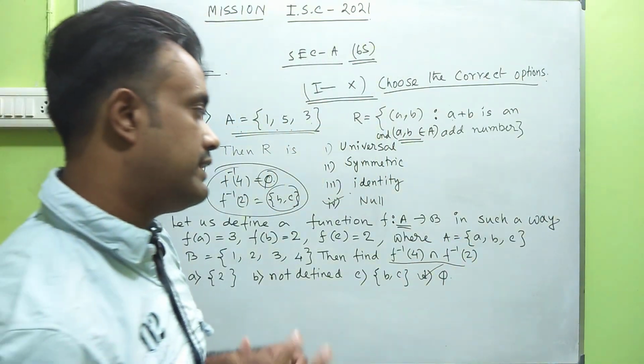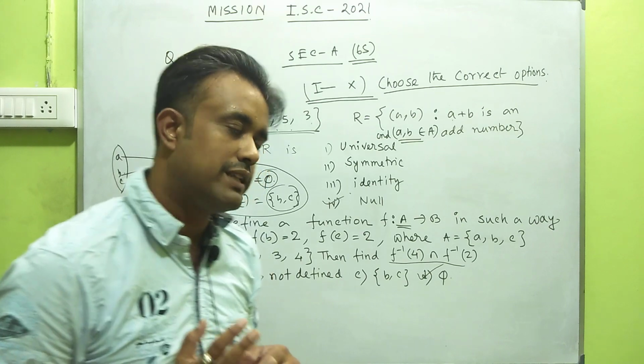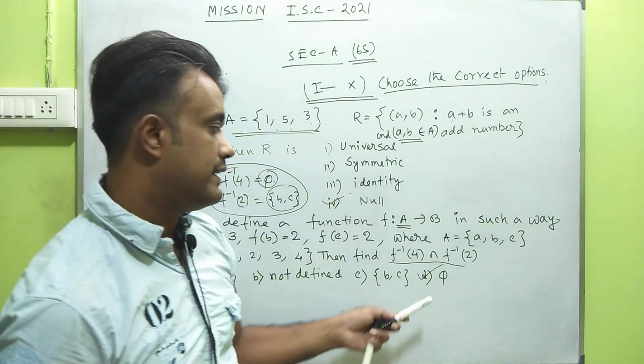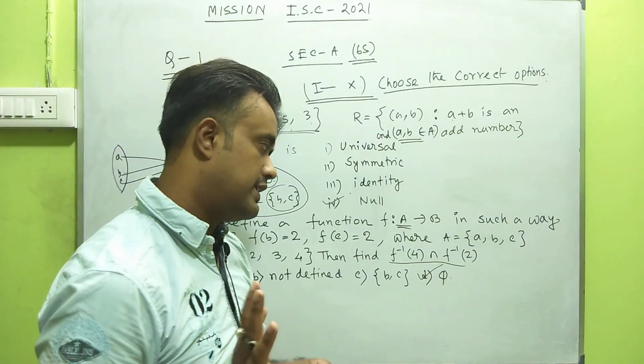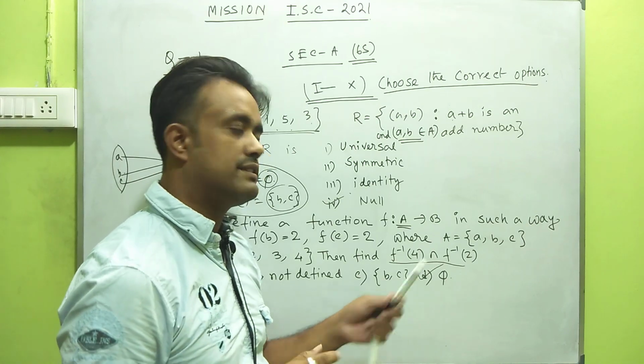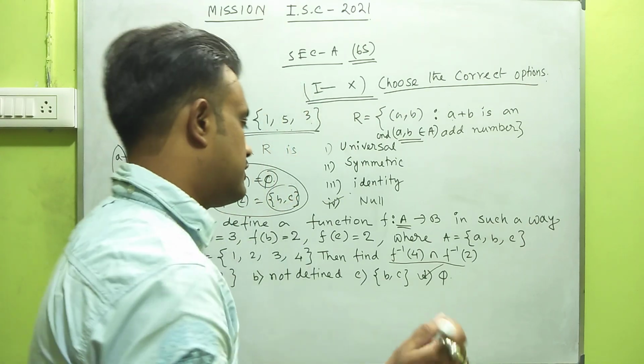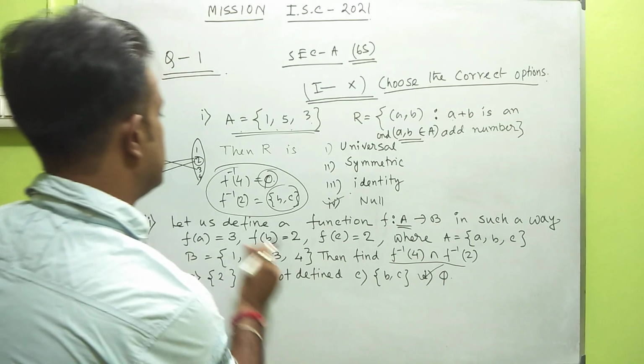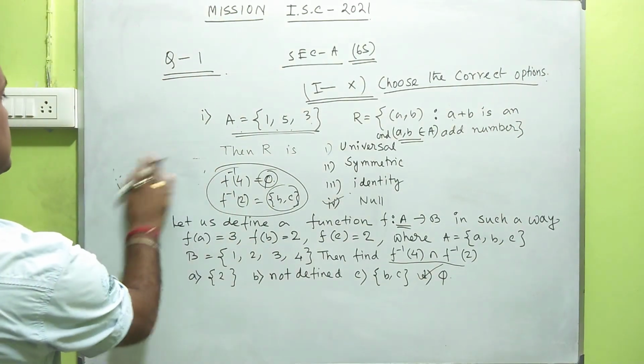Actually, from the definition of a function, it is very obvious the answer will be a null set. Why?